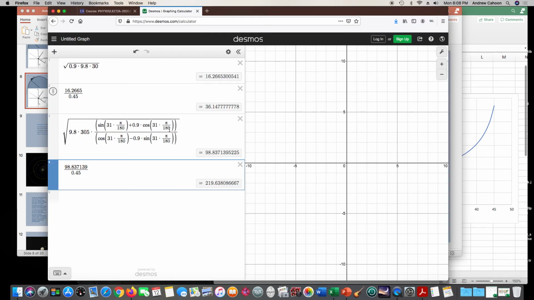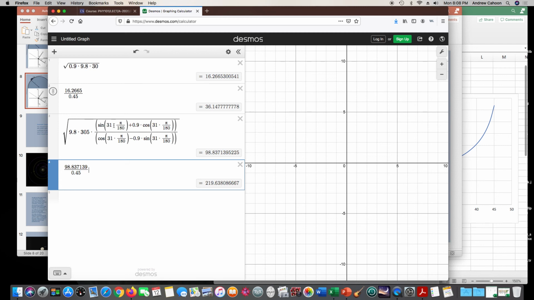I plugged everything in here. So in this example, 9.8, 305 for the radius of the curve, and then 31 degrees. Remember, in Desmos it assumes you're putting the angle in radians, so that's what the pi over 180 does. So it converts from 31 degrees to whatever that is in radians.